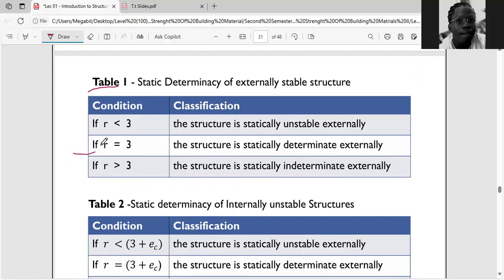If R is equal to 3, the number of reactions in the structure is equal to 3, then the structure is statically determinate externally. And last but not least, if R is greater than 3, then the structure is statically indeterminate externally.